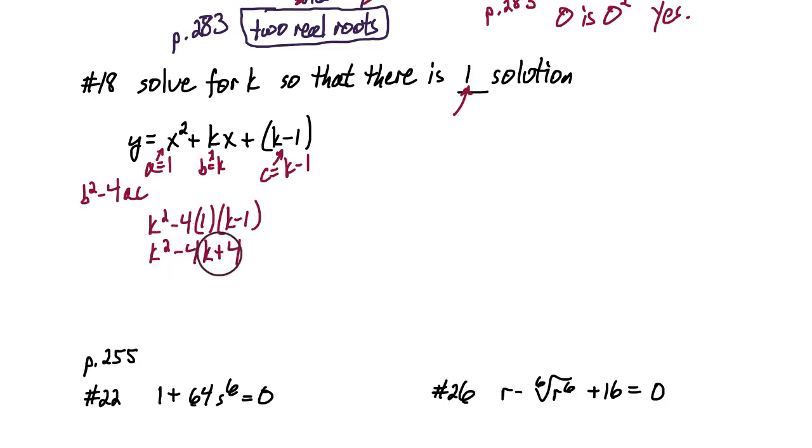That's our discriminant. Now, in order for our equation to have one solution, the discriminant has to equal 0. So let's just say equals 0. And now solve this for k. Hey, how about the factoring method? k minus 2 times k minus 2 equals 0. So we can see that k is equal to 2.